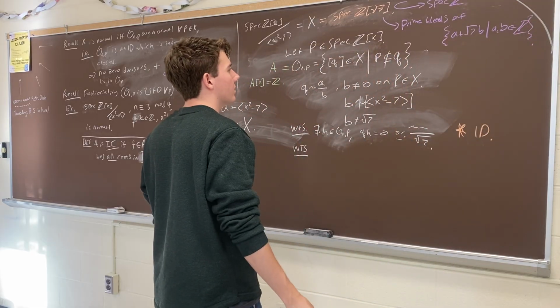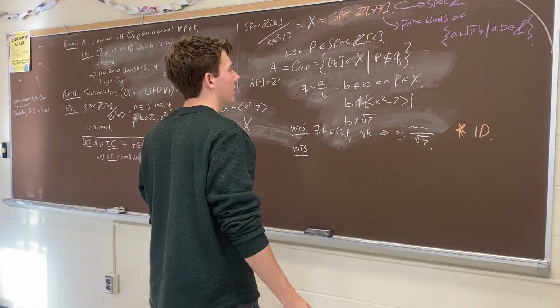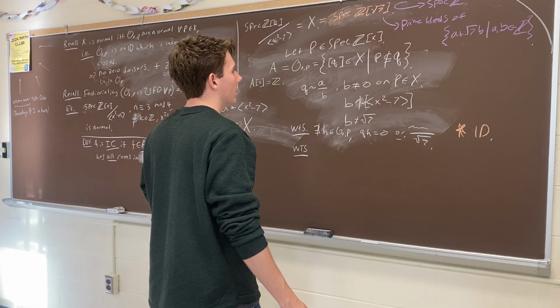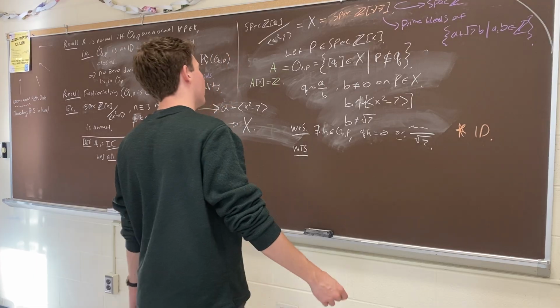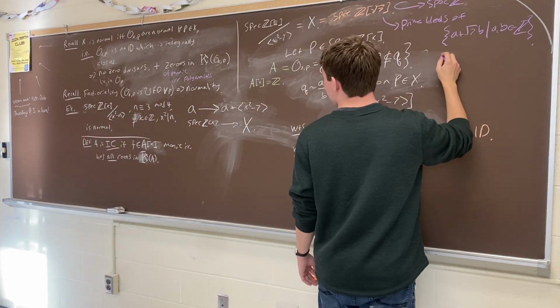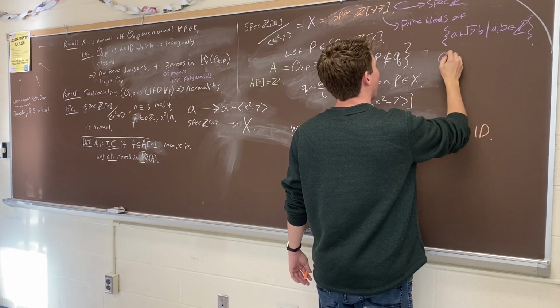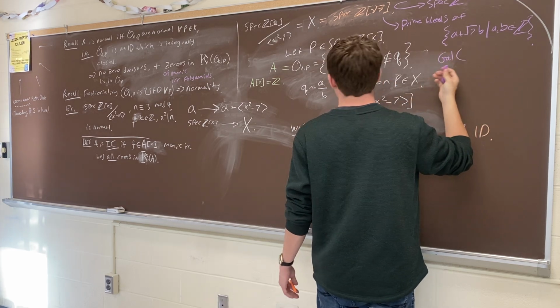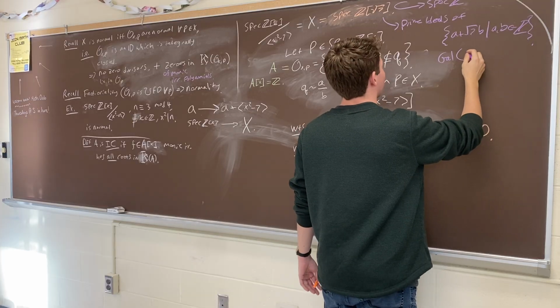Well, prime ideals of this are going to look irrational. Things come in pairs, so we have Galois correspondences. Oh, so this actually is conjugation, right?